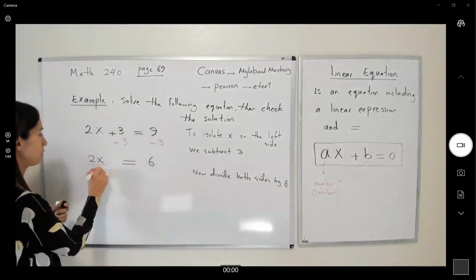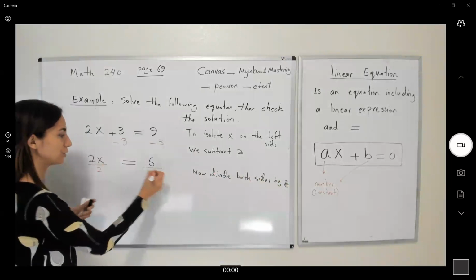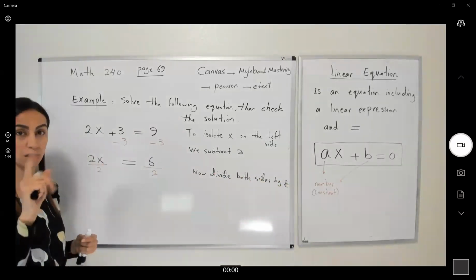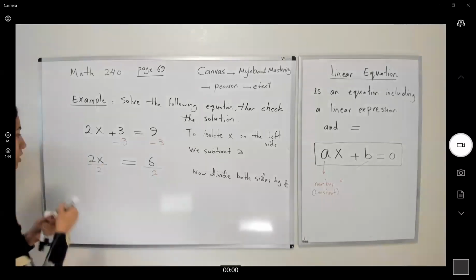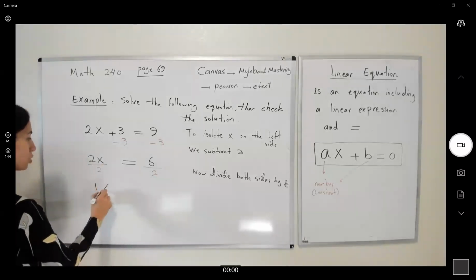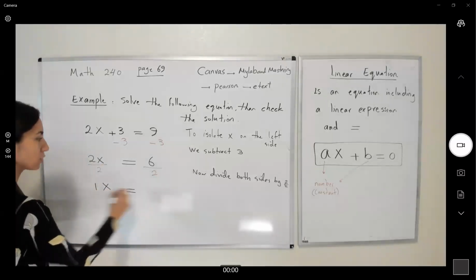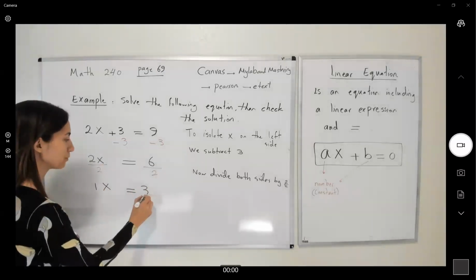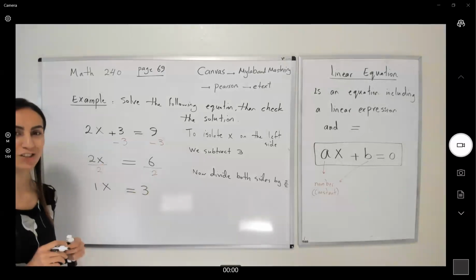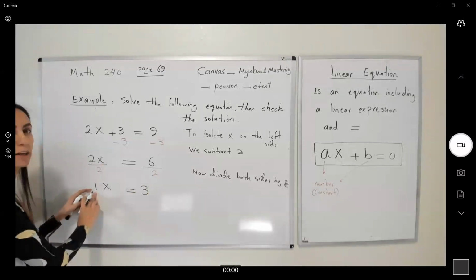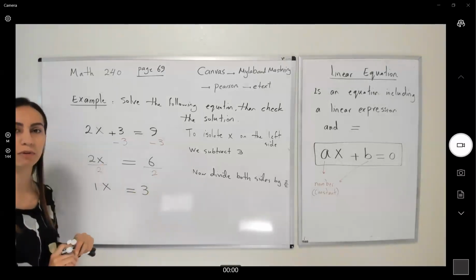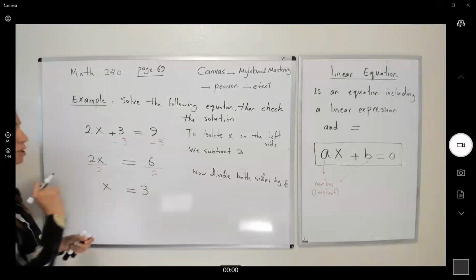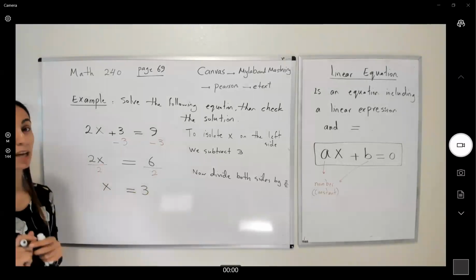So let us divide both sides by 2. 2 divided by 2 is equal to 1. So here you have 1 times x equals 6 divided by 2, which is equal to 3. When it comes to algebra, when you have 1 times a variable, we ignore 1. So for simplicity, just write down x.